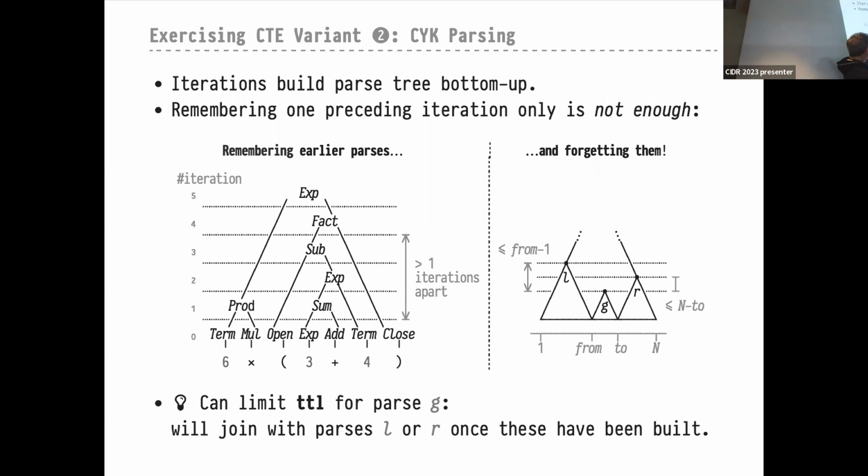Some will be in iteration 1, 2, 3, and so on. This will proceed bottom-up. But if you look at this particular node at iteration 4, you can only establish it if you can remember all the knowledge that you have already found at iteration 0. It's not enough to just remember the knowledge that you found in the immediate iteration 4. This WITH ITERATIVE TTL gives you a very elegant, very simple way to remember what you've done many iterations ago.